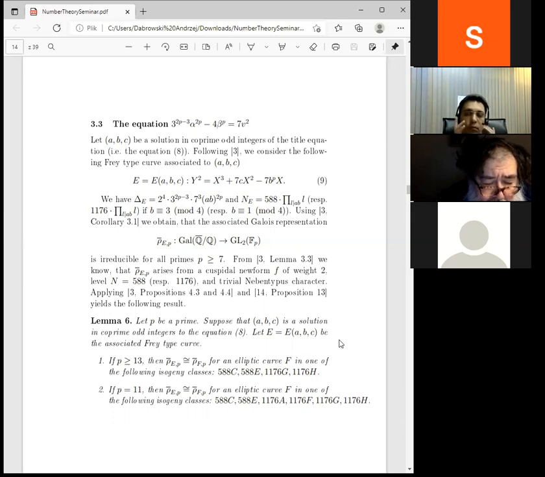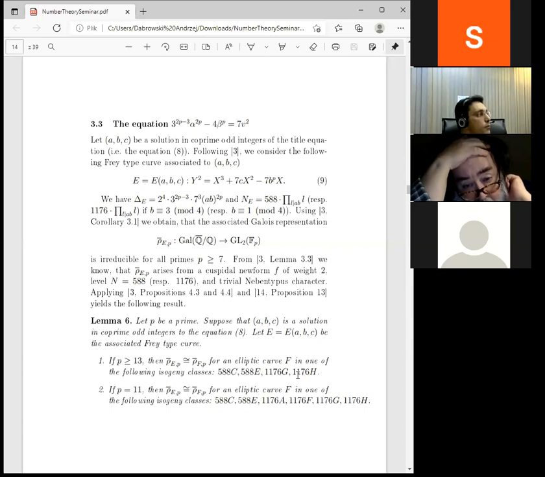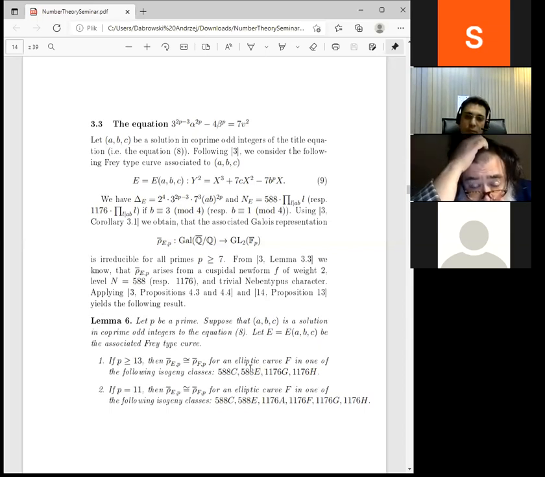But in this case, unfortunately, the situation is much more subtle because, in fact, there exists an isomorphism: the mod p Galois representation associated to the Frey curve is isomorphic to some mod p Galois representation associated, by modularity, to one of the elliptic curves associated to the newforms.